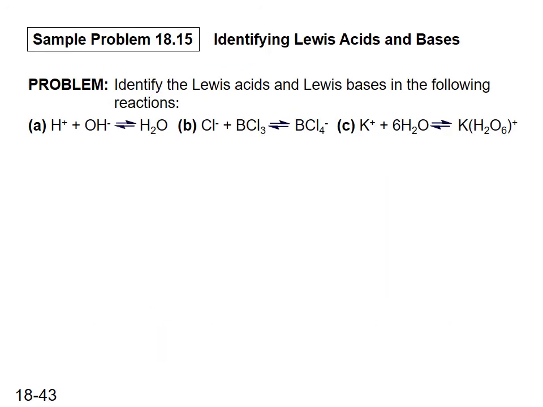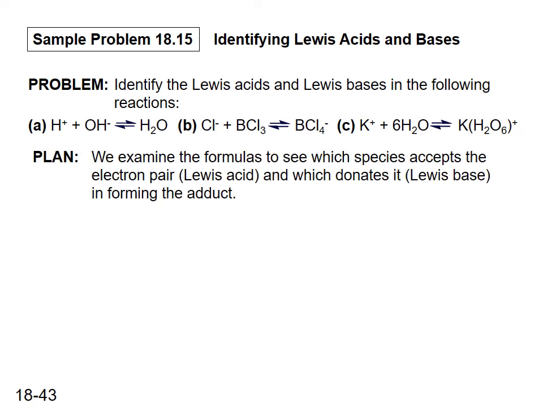Sample problem 18.15. Identify the Lewis acids and Lewis bases in the following reactions. To identify Lewis acid and Lewis base, we look at the formulas to see which one accepts an electron pair, which is the Lewis acid. If they donate an electron pair, that's the Lewis base. So let's look at the first reaction.